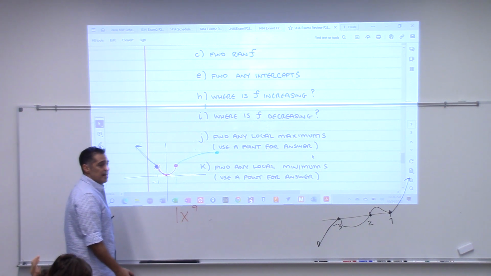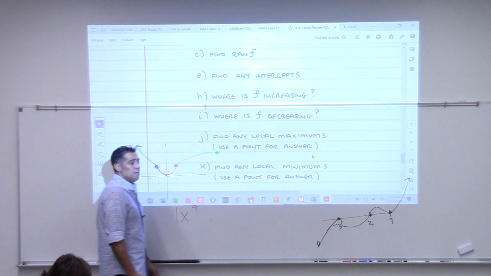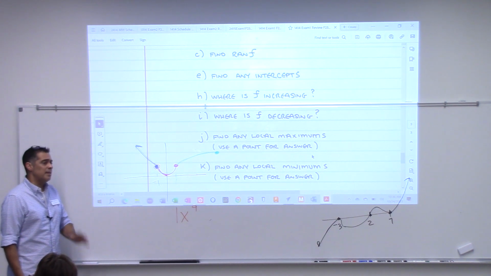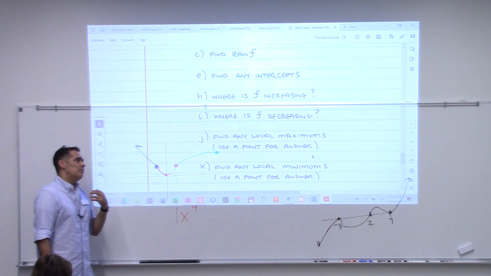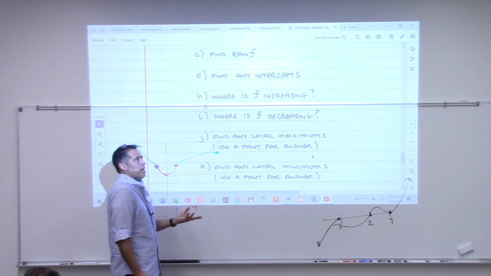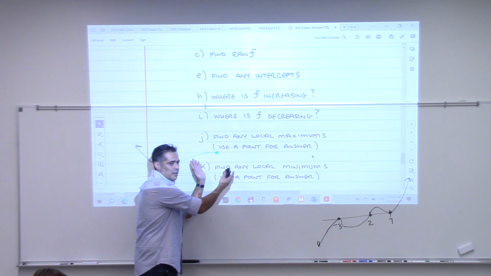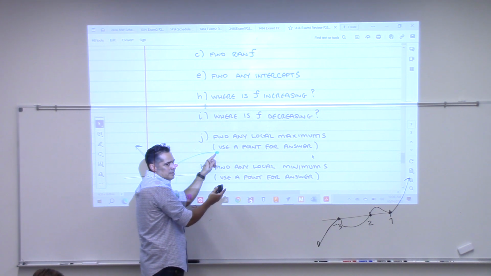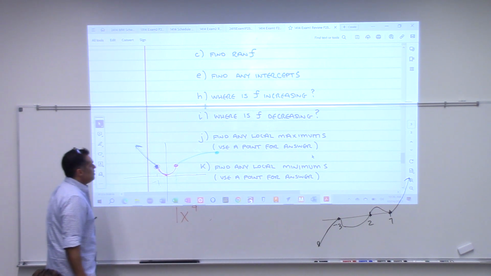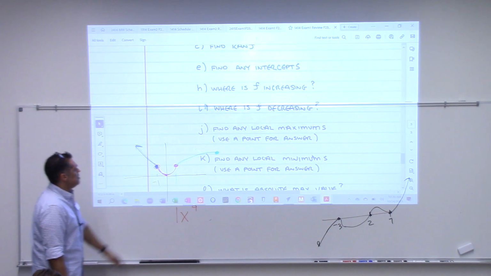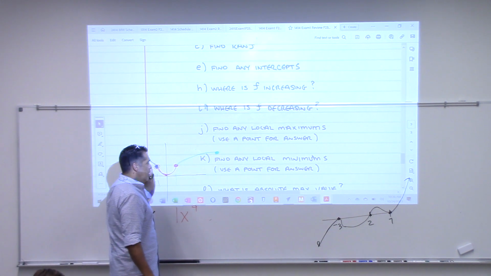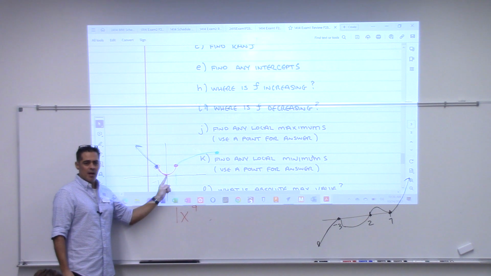It depends on how you define it, and it really will depend on the teacher. But we still are not going to lose the spirit of what it is: this is the highest point locally, in this little area. So local max, you could say that. Local min would be this bottom point right there.